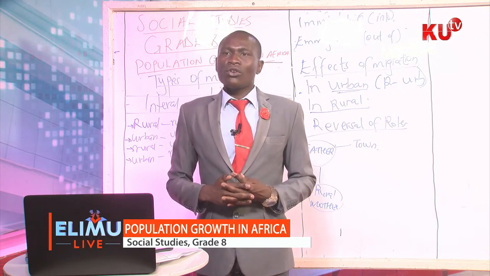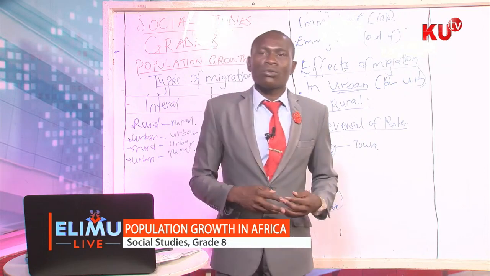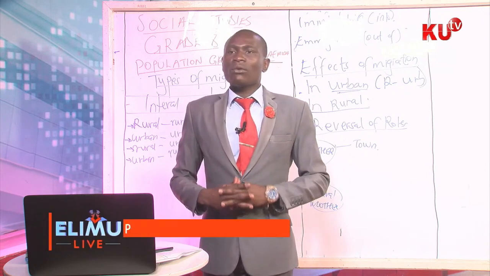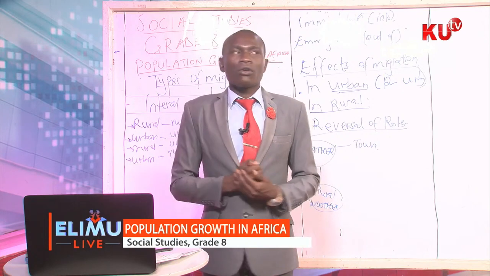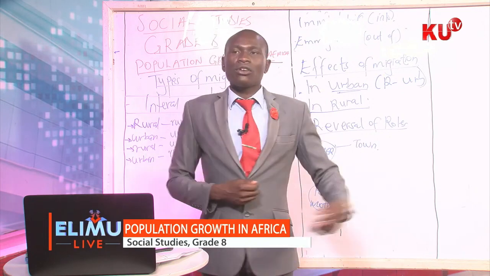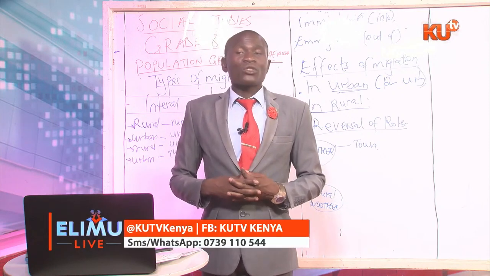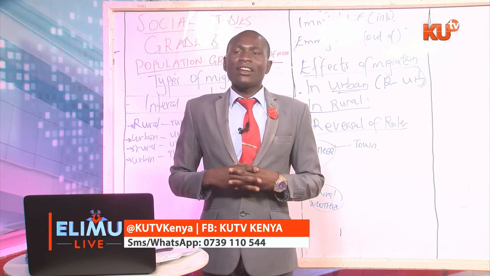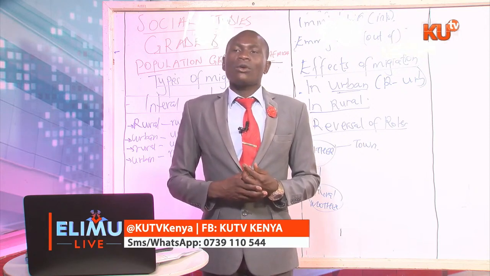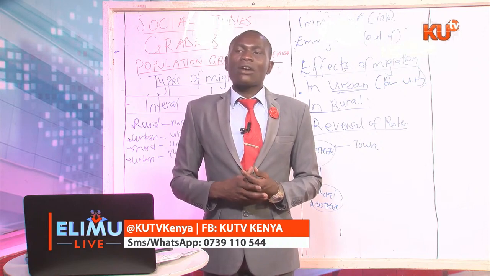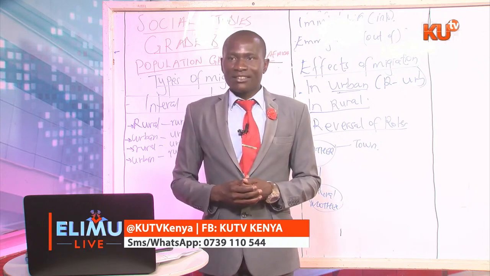We have also looked at migration, the types of migration, and then we have looked at the effects of migration in both urban areas and rural areas. Remember, I have left for you an assignment to look at the reasons that lead to rural to rural migration, urban to urban migration, rural to urban migration, and urban to rural migration.